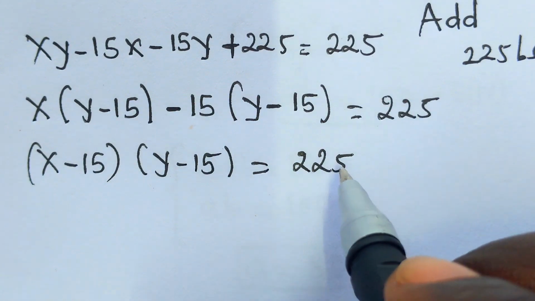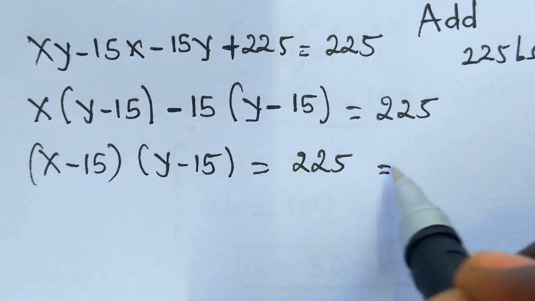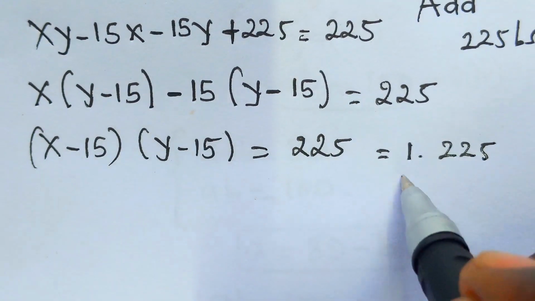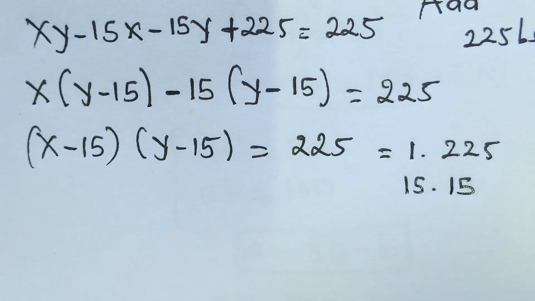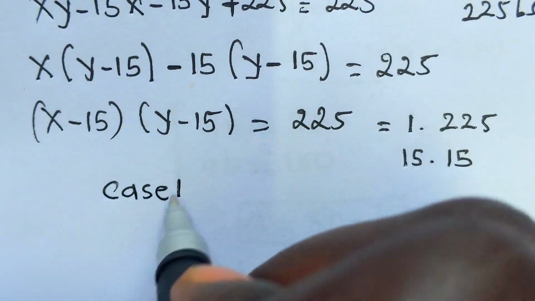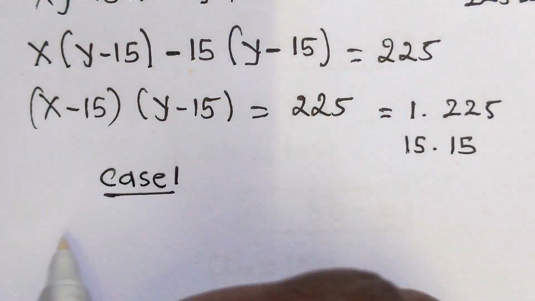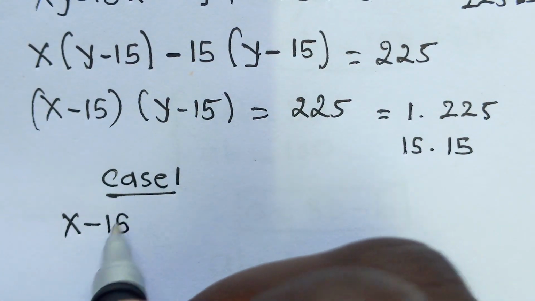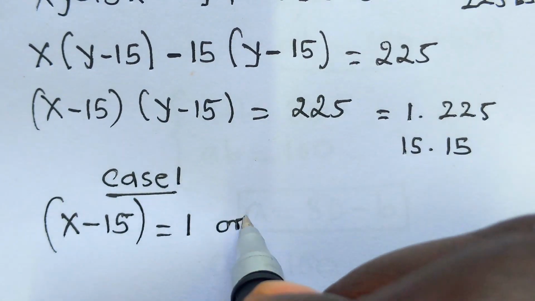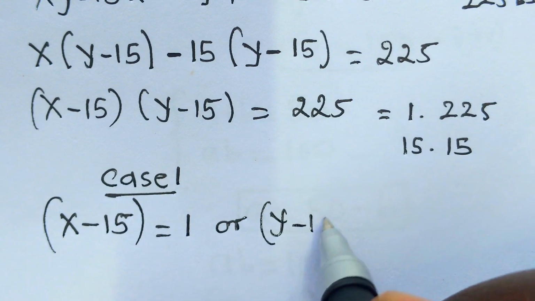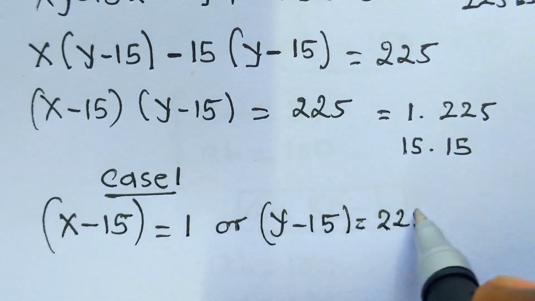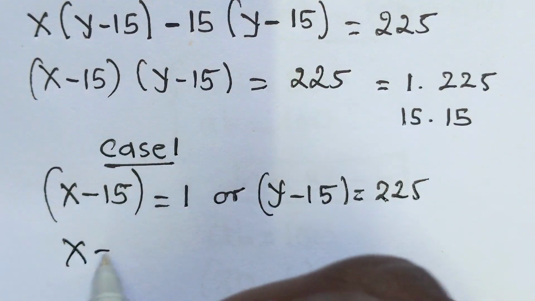And of course, as we have seen, we are going to use the method where we find the factors of 225, which can be 1 times 225 and 15 times 15. Then you can say case 1. We can simply write x minus 15 equals 1, or y minus 15 equals 225, so that x will be 16.